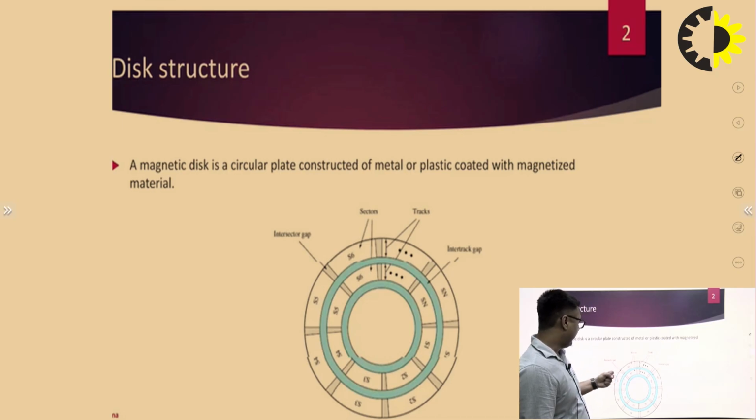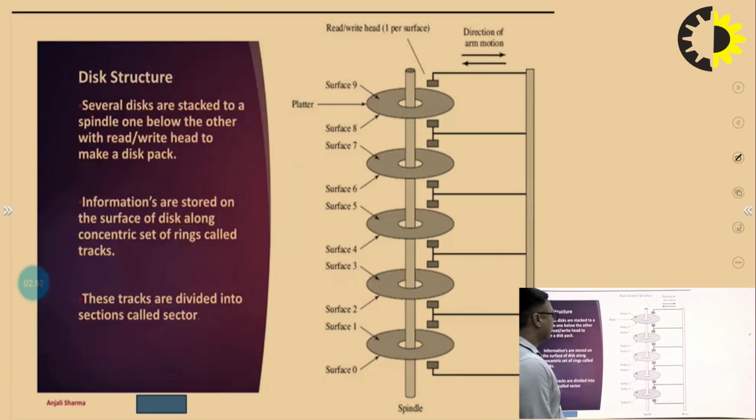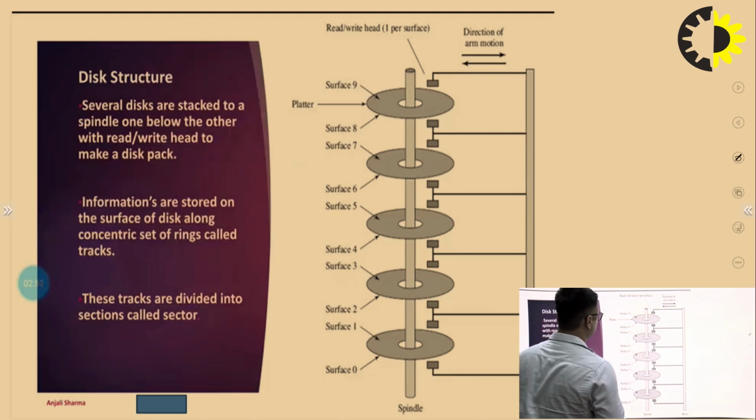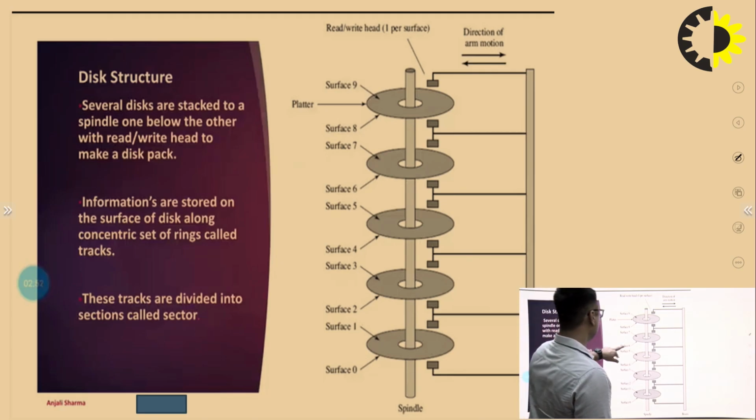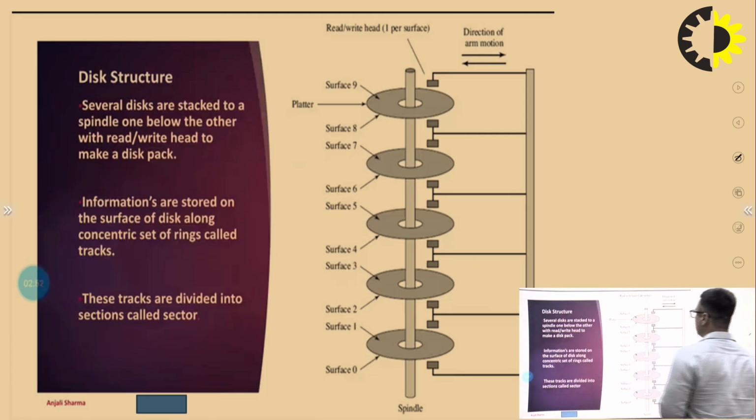This is the picture of a disk, in the form of plastic coated with magnetized material. Initially, different discs are available in the market as secondary storage devices. The disk has two surfaces, inner and outer, and the disk is called a platter.